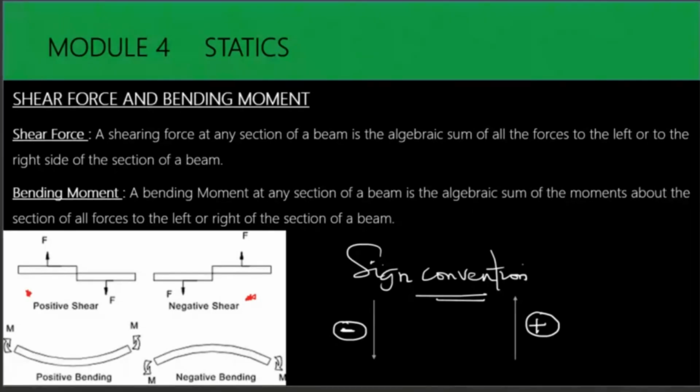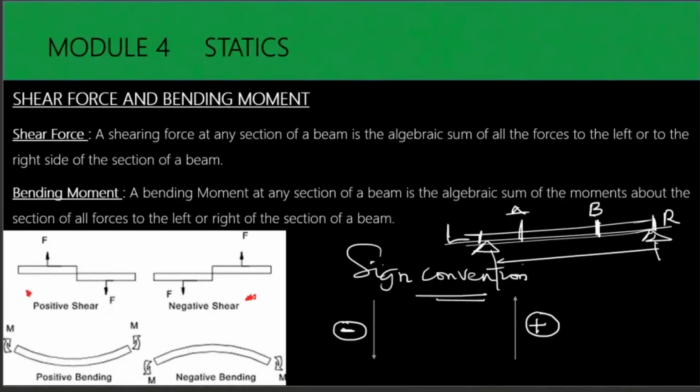So what is a bending moment? A bending moment at any section of a beam is the algebraic sum of all the moments about the section of all the forces to the left or to the right. We'll see how this is determined. When we have a beam that has a support, each and every beam has sections. Let's say this is L and this is R. We have section A and section B, and the distance between the supports is also given.